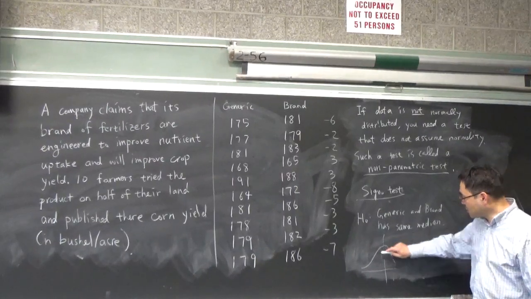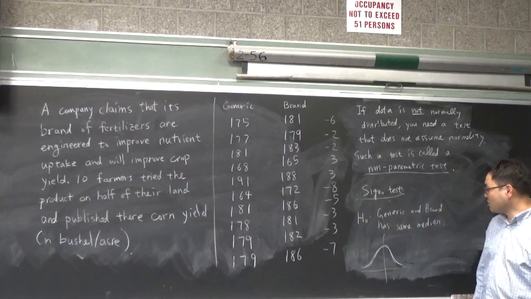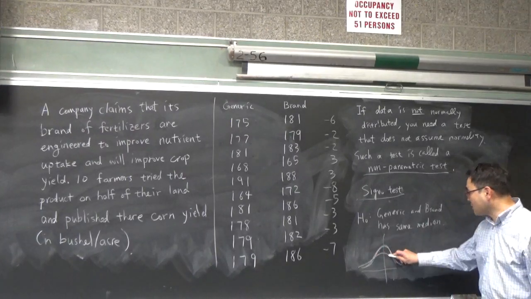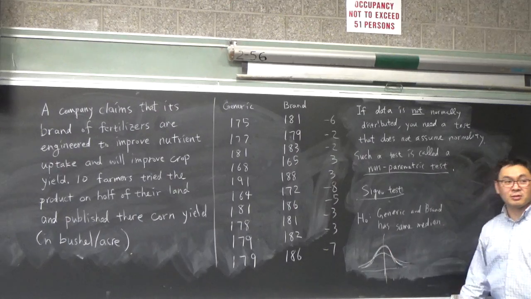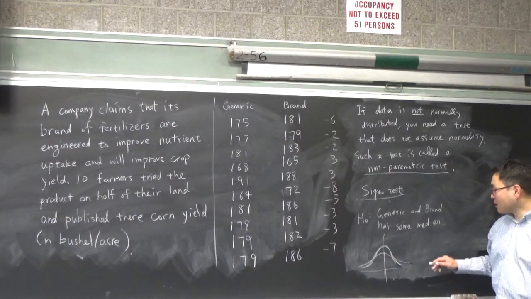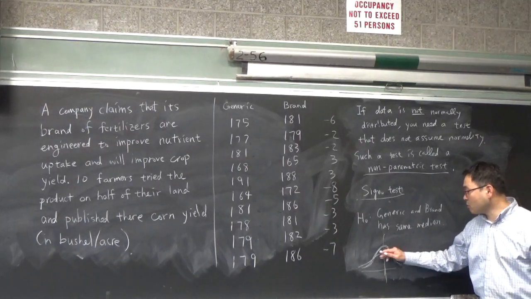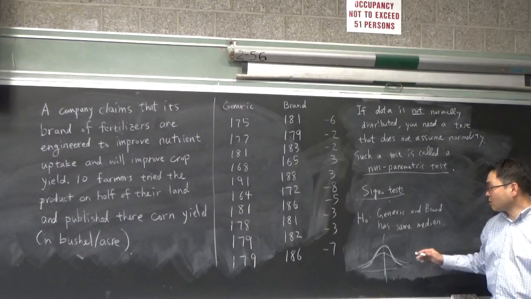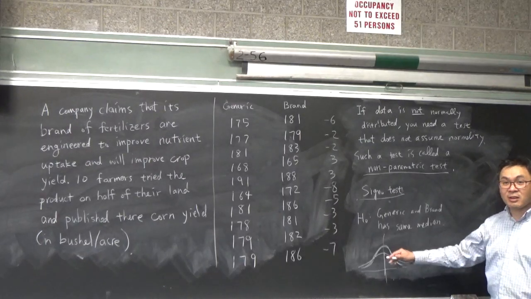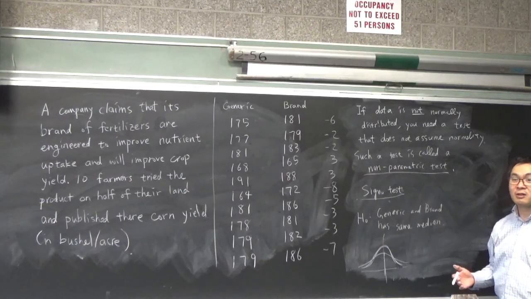So let's just say here's probably one distribution, another one, it could be wider, it doesn't matter. But the important thing is that their medians are the same. Then if you randomly pick a point from the second distribution and then you randomly pick a point from the first distribution, the probability that the first can be more than the second, or vice versa, will both be what?